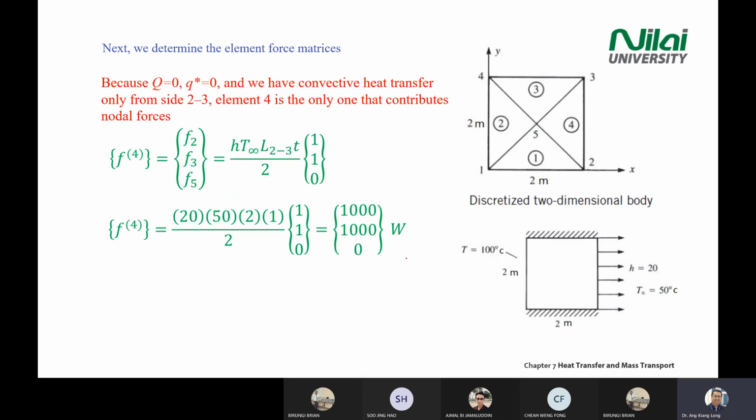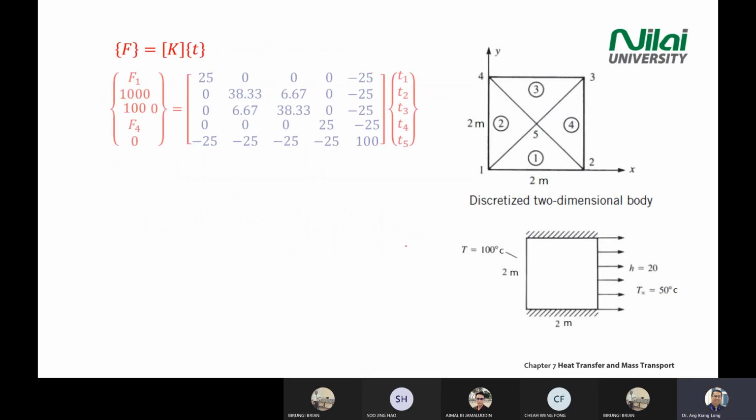So once you get this value, you go back to the F equal to KT equation. So this is point 1, point 2, point 3, point 4, and point 5. How you get 1000? I already explained just now.